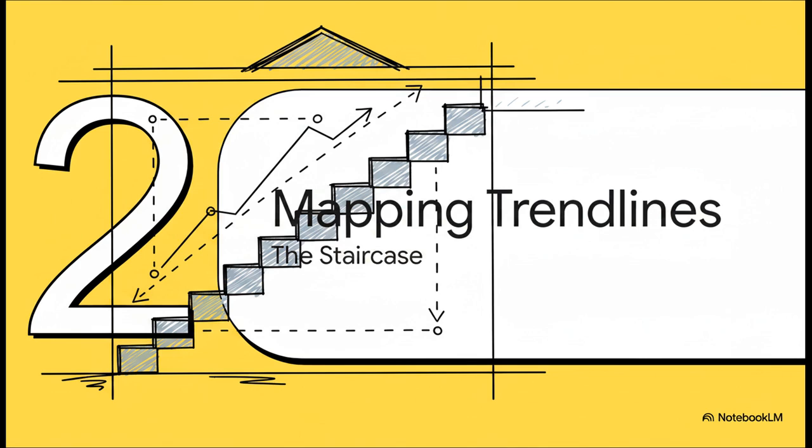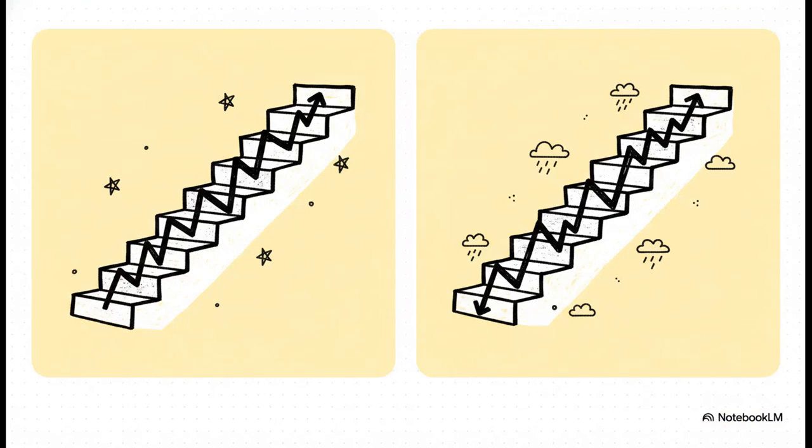Which leads us to section 2, mapping the staircase: understanding trend lines. As any experienced trader knows, markets don't just stay trapped inside one single room forever, right? Eventually, they're going to break through a ceiling or fall through a floor, migrating to a totally different level of our metaphorical building. To do this, they move using trend lines, and this brilliantly illustrates that concept.